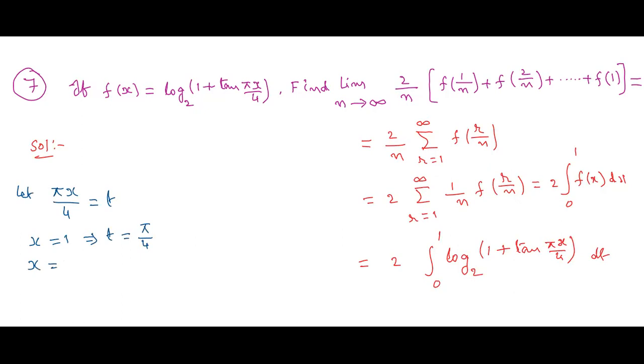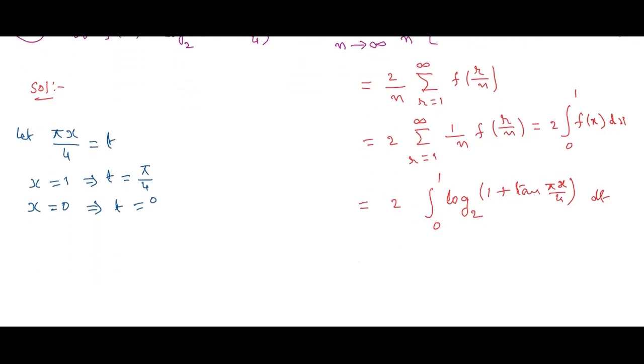If x is equal to 0, then t value is 0. Those values substitute there. Now 2 integration 0 to 1 logarithm of 1 plus tan t to the base 2 and dx. What is dx here? Dx means how much? 4 by pi into dt.